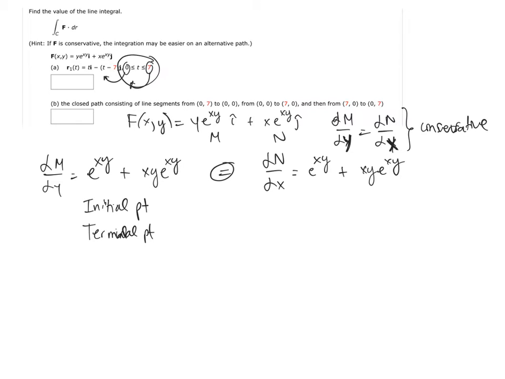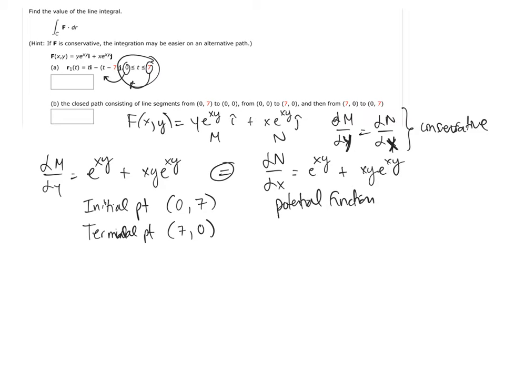For the initial point, if I plug in 0, I would get (0, 7), and the terminal point is (7, 0). Alright, so now I'm gonna find the potential function.